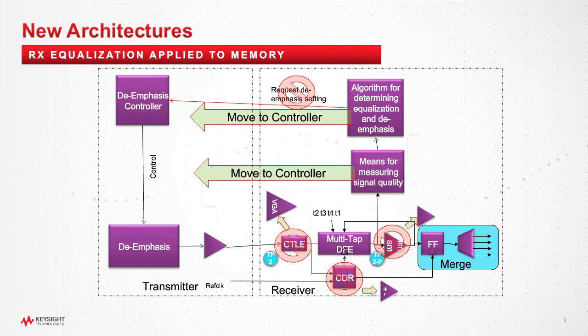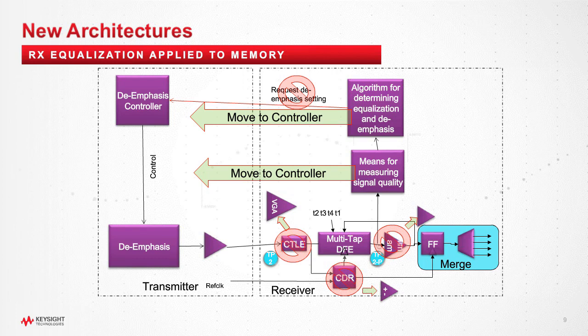And if it thinks that it's not good enough, then it will send a signal to the controller that says, try some different settings on your transmitter, maybe some more de-emphasis or pre-emphasis or something like that. And then it will examine the signal again and figure out how good it looks.